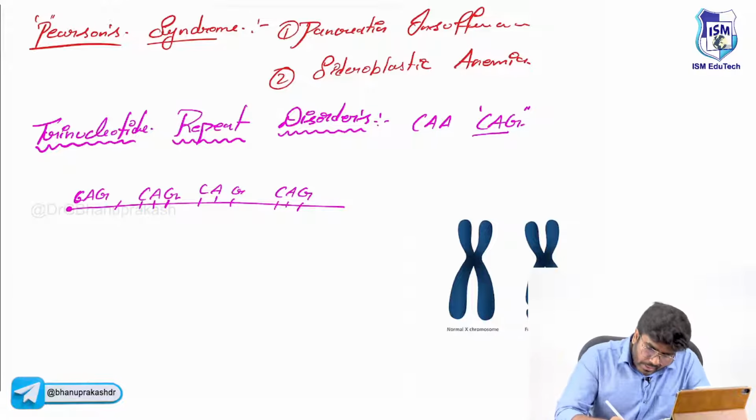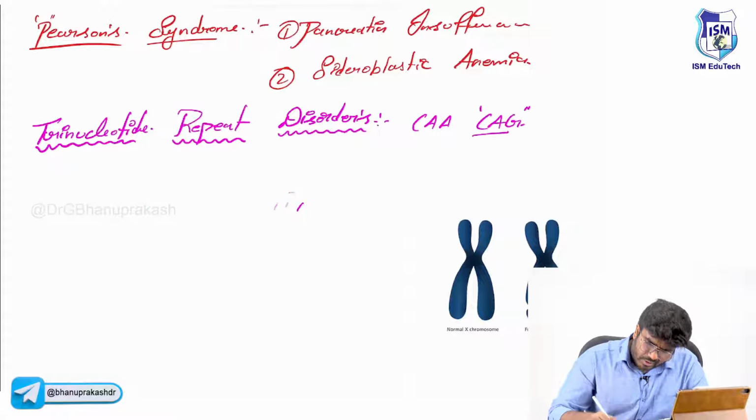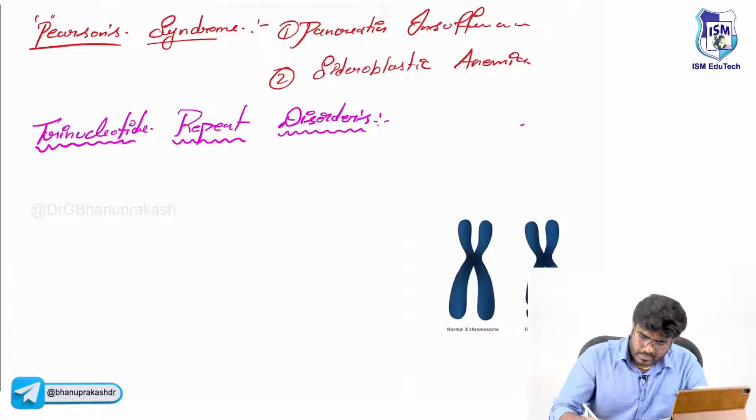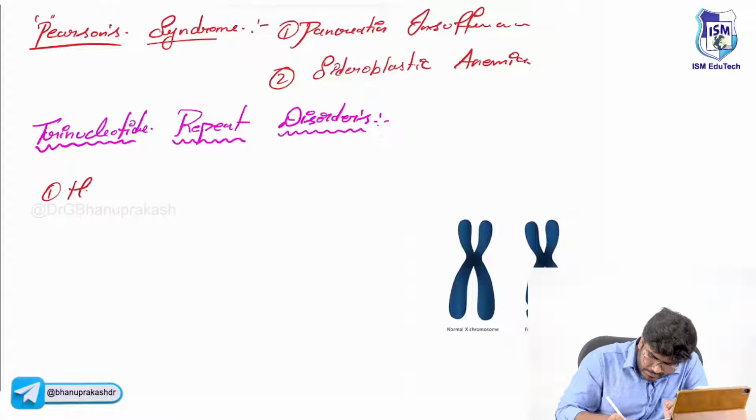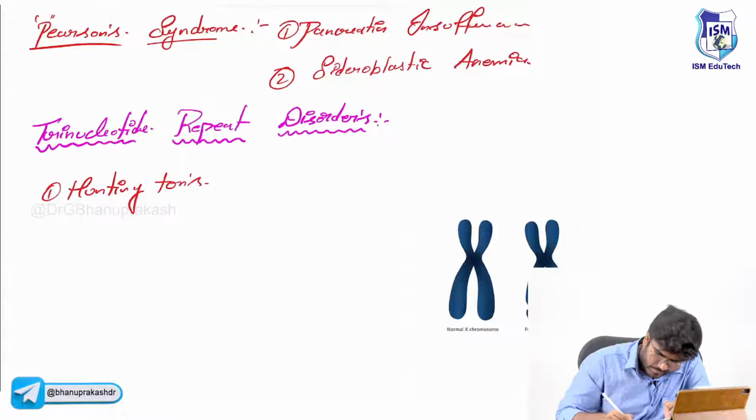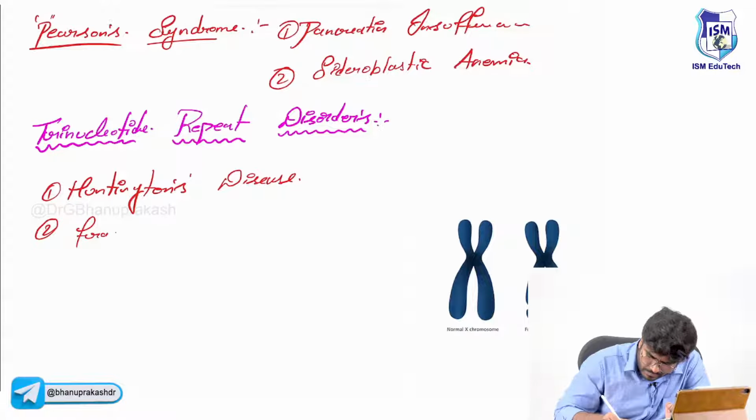So now, first let's see what the trinucleotide repeat disorders are. There are 4 important trinucleotide repeat disorders. One is Huntington's disease. Next, Fragile X Syndrome.